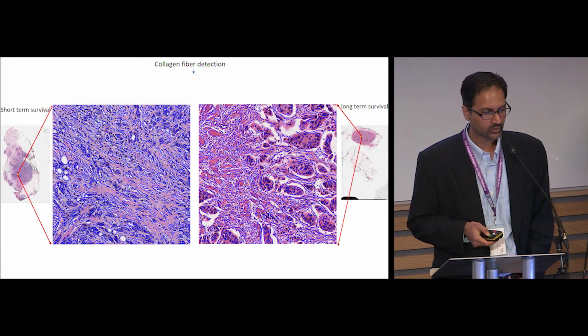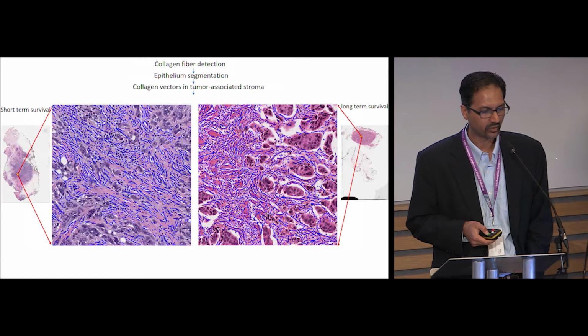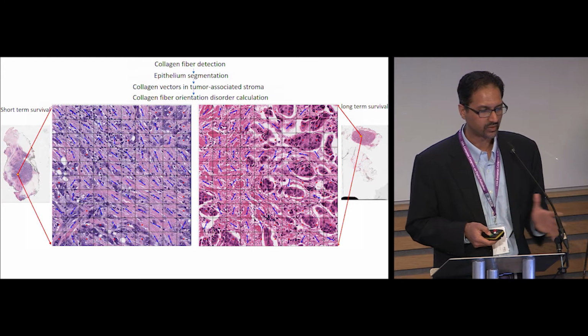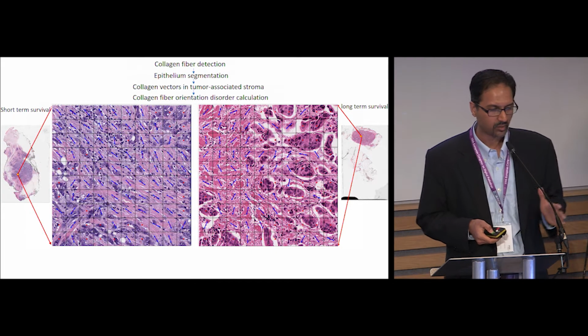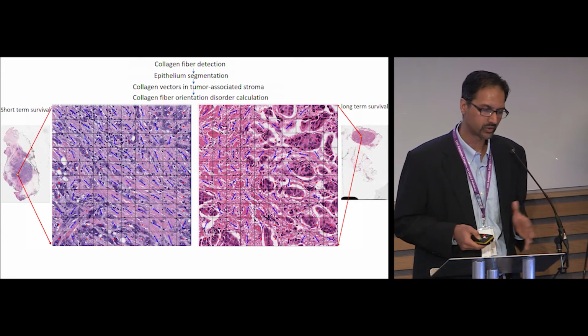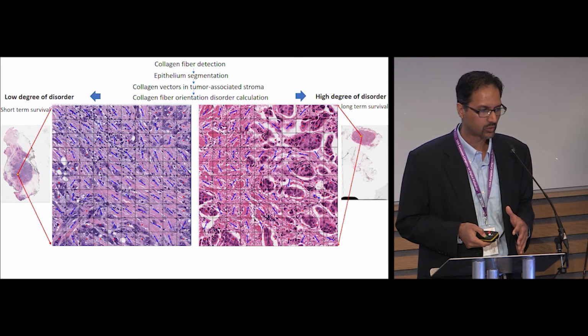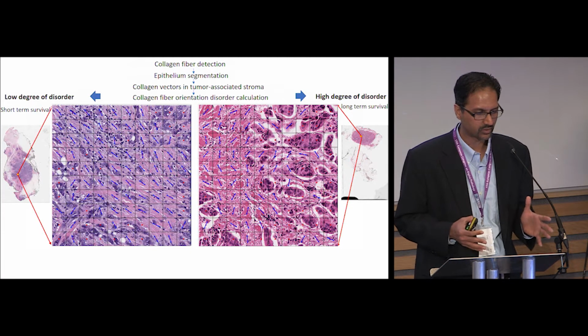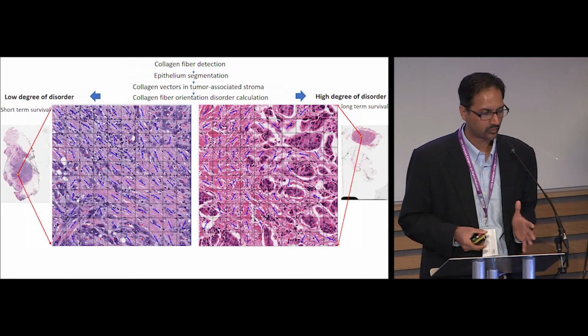And so one of the things we've been looking at is, could we try to understand the orientation and the anisotropy of collagen fibers using AI from routine H&E images, and see whether there are differences in this orientation of the collagen fibers between patients who are short-term survivors versus long-term survivors. And what we found is that there are significant differences in the degree of disorder of these collagen fibers between patients with different prognosis.